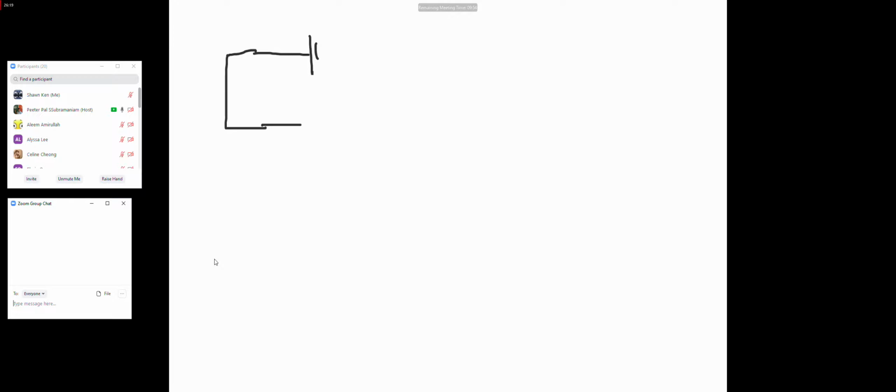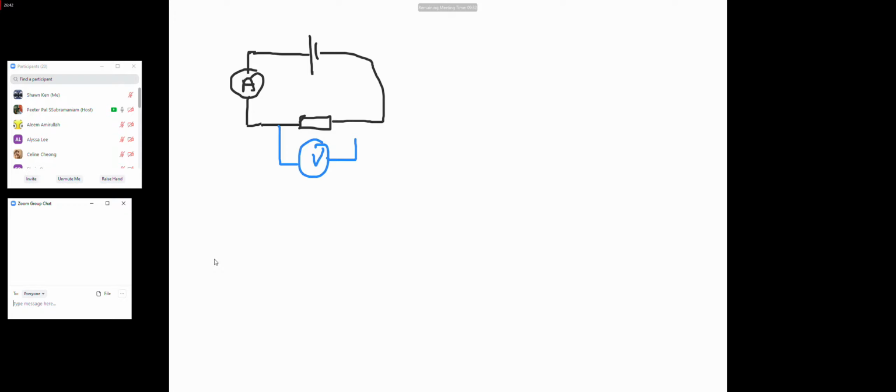I have one electrical device here, and then I have one ammeter here. Then I have one voltmeter here. Now, the ammeter is connected in series.